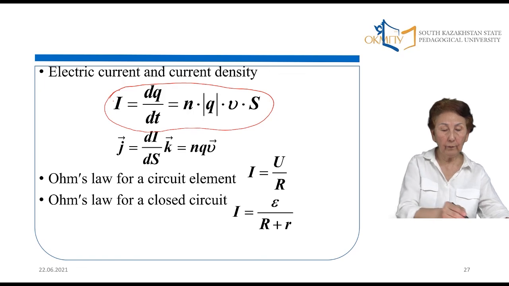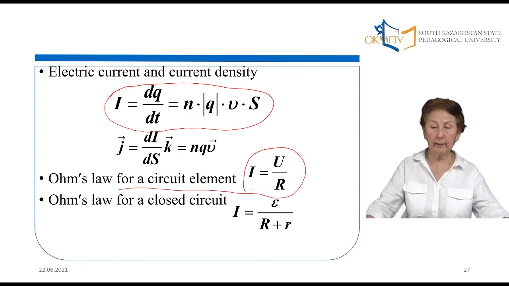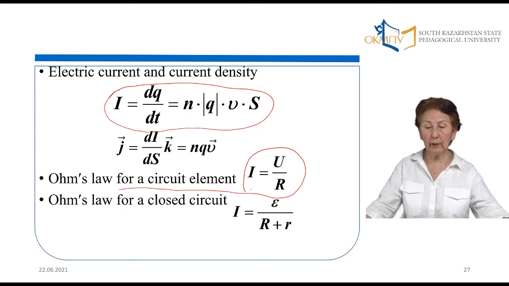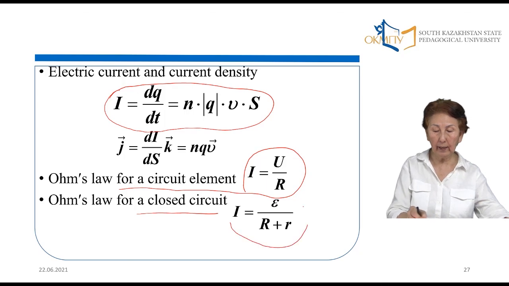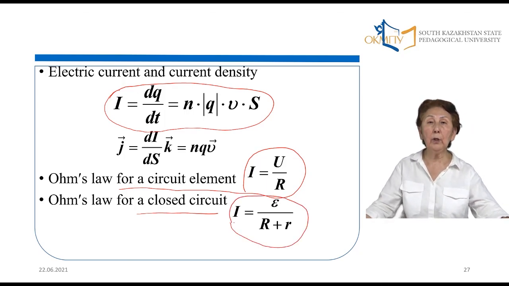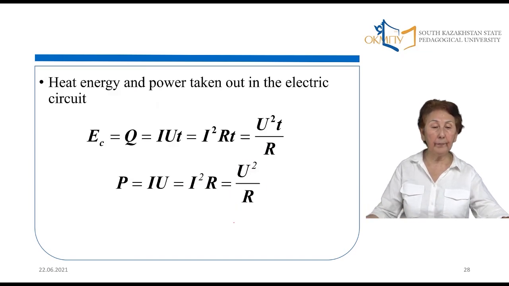Ohm's law for a circuit element is defined as current equal to the ratio of the voltage to the resistance of the resistor. Ohm's law for a closed circuit is defined as current equal to the ratio of the electromotive force to the sum of the external and the internal resistances.